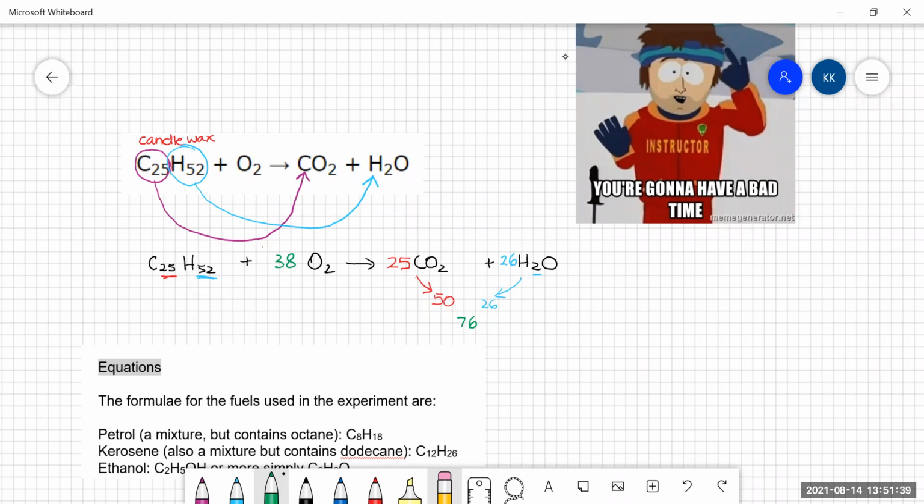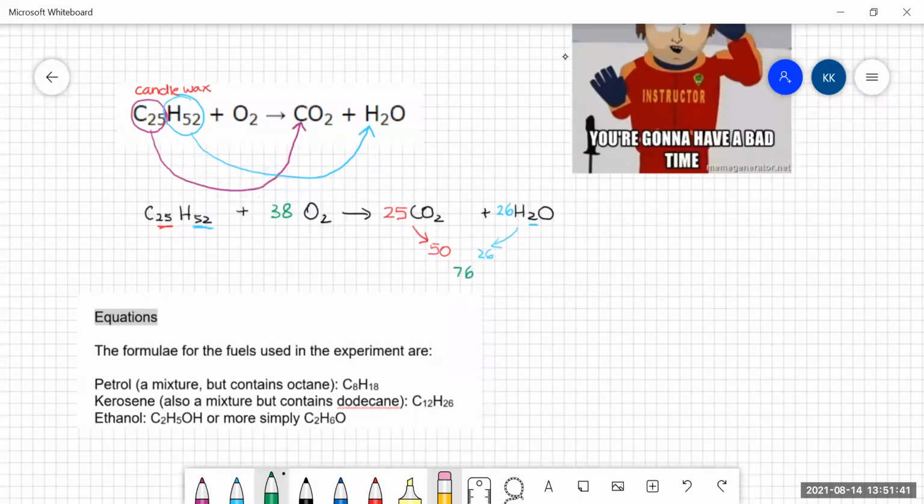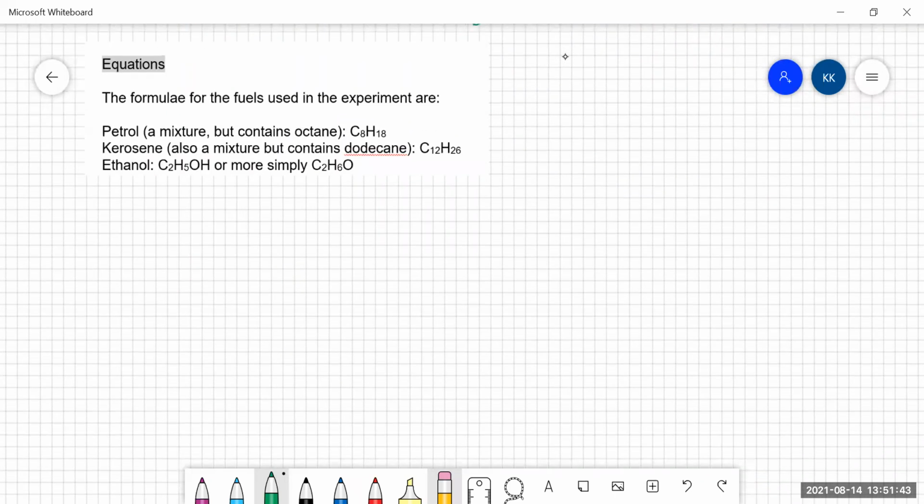Let's have a look at the equations that we used in our experiment. So in this case, we're going to, again, only look at complete combustion. So we're going to start with petrol. Petrol contains octane. We're looking at combustion, which means reaction with oxygen.